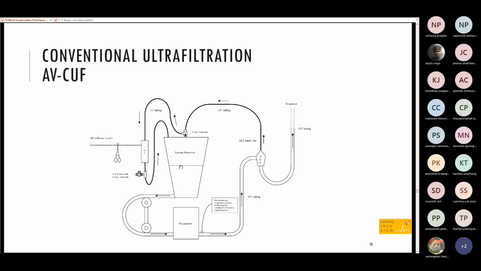But in the AV cuff, the arterial pump runs to maintain the main CPB circuit, and also maintain the flow to the hemofilter too. So it may need a little bit of increase to preserve the flow that is lost to this extra circuit. All right.